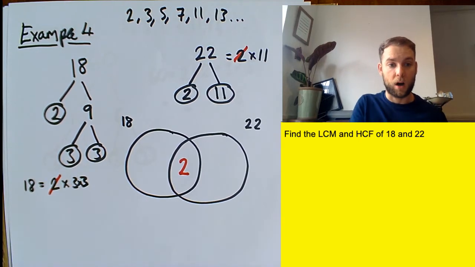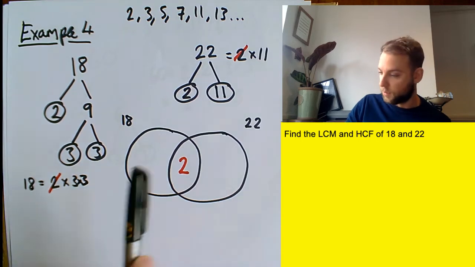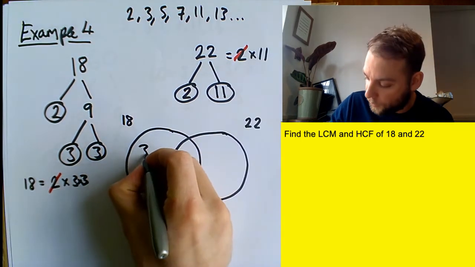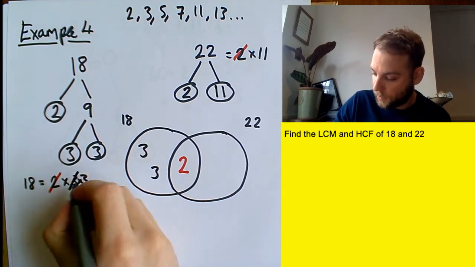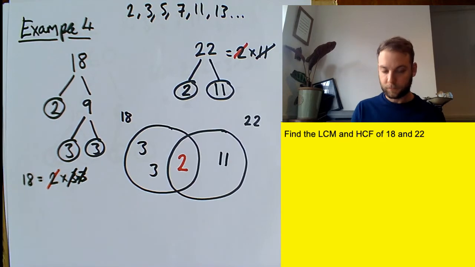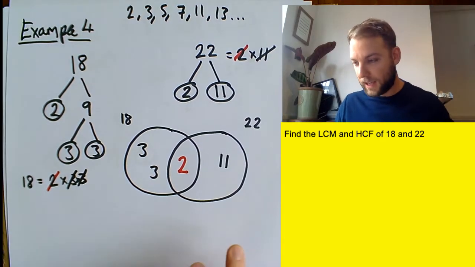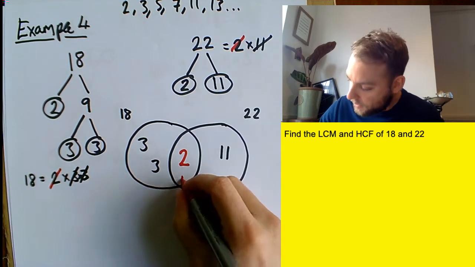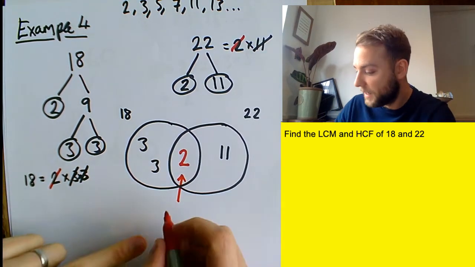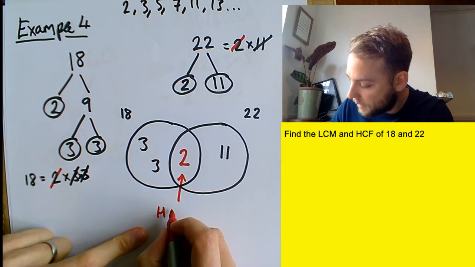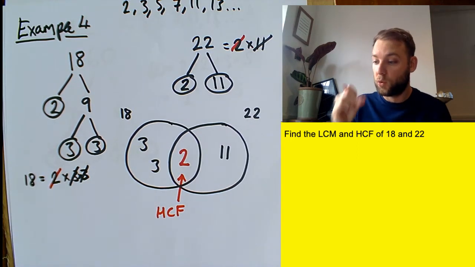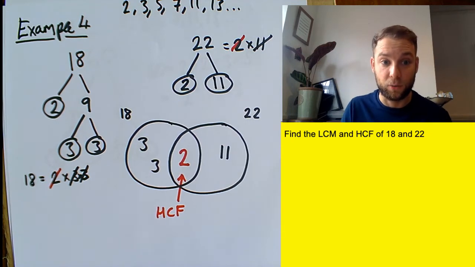Well, no, because there's 3 and 3 in this one, and there's 11 in this one. So on the left-hand side, what's left over is a 3 and a 3, and what's left over in this one is 11, so 11 goes in there. Now, this is the key part. This middle number is your highest common factor. So the highest number that goes into both 22 and 18 is 2.